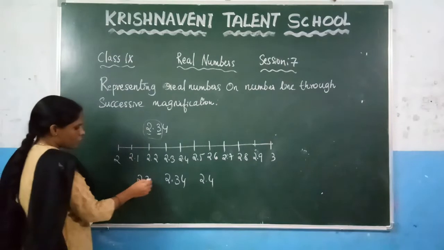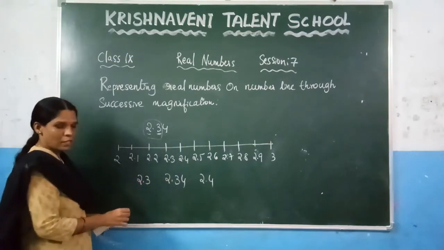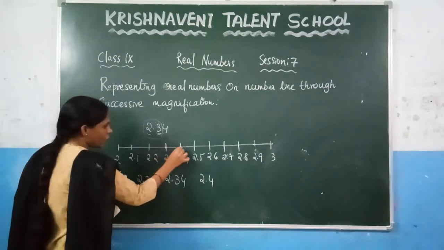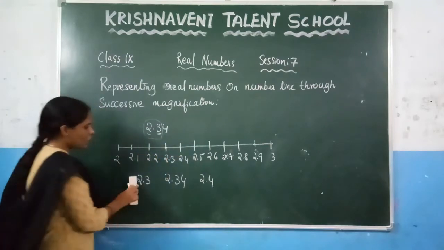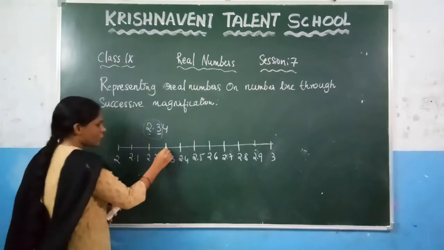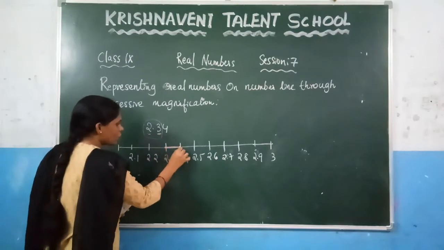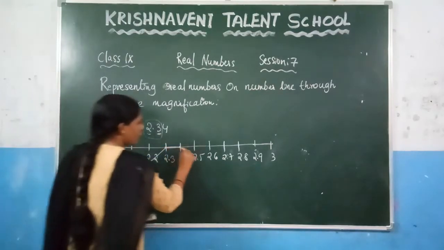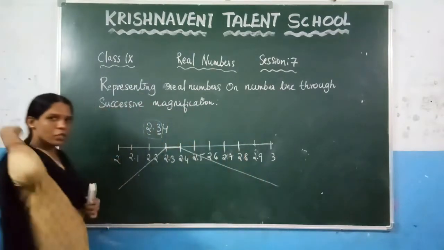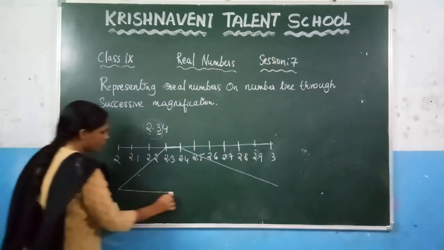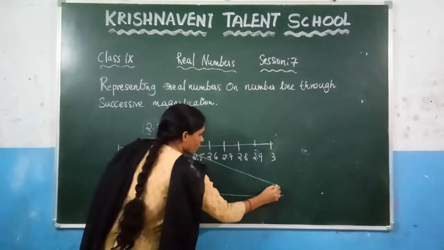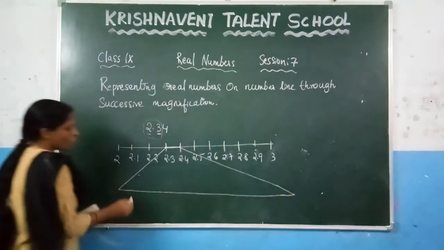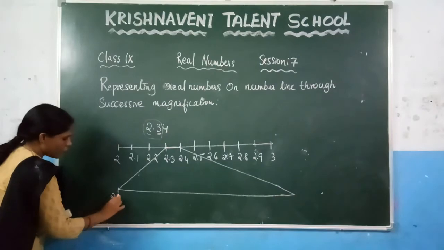So here, 2.34 lies between 2.3 and 2.4. Again, you have to take this as a unit and divide this unit into equal parts. Draw one line here and one line here. Now you need to draw the number line. What is the first number here? 2.3.